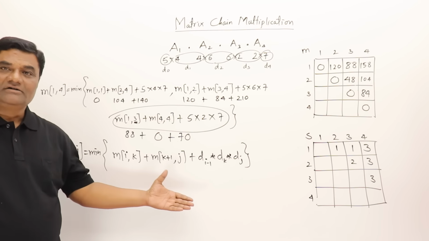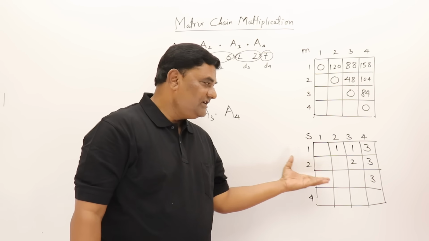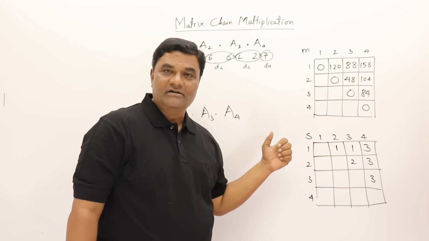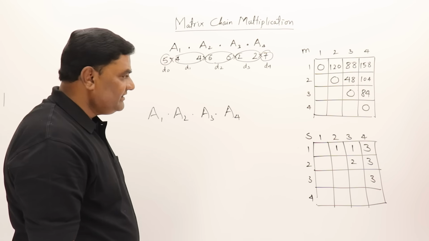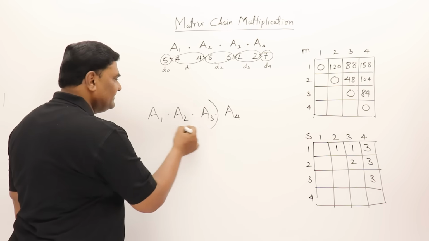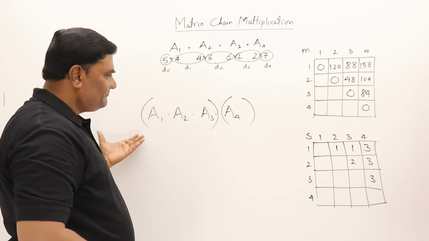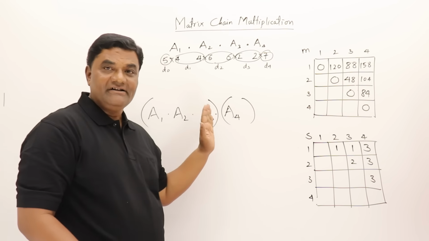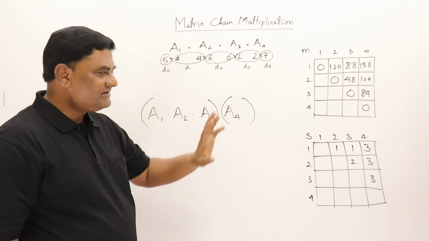This is the formula. Now let me follow this table. The one which was giving minimum, I was writing them here. So the first topmost one, what does it say? 3. So it means this side. Then this is separate. So this is one parenthesis. At k is 3 it is split. So 1 to 3 is this side and 4 that side.